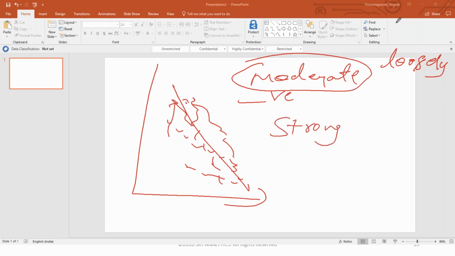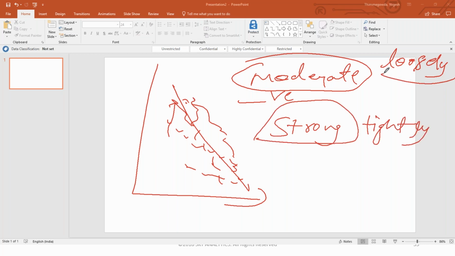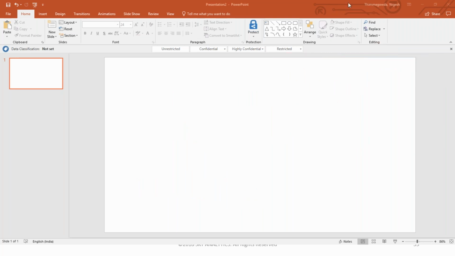That's it, nothing else. Tightly scattered is strong, loosely scattered is moderate, whether positive or negative. Now there is one more concept.